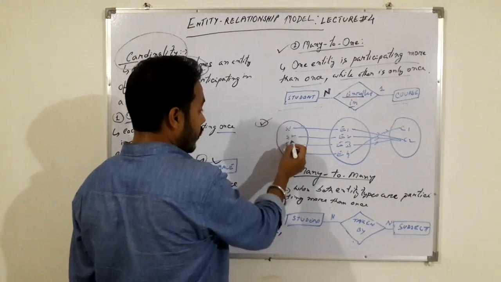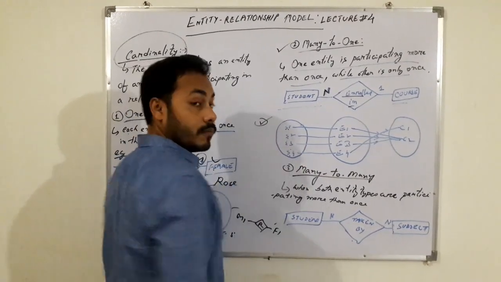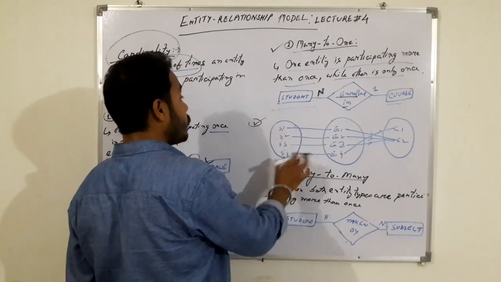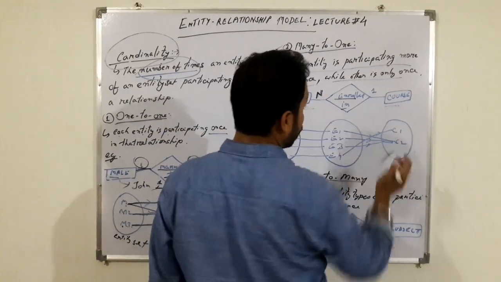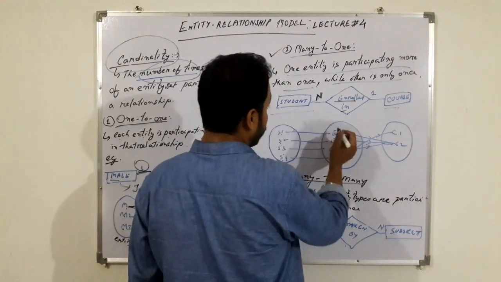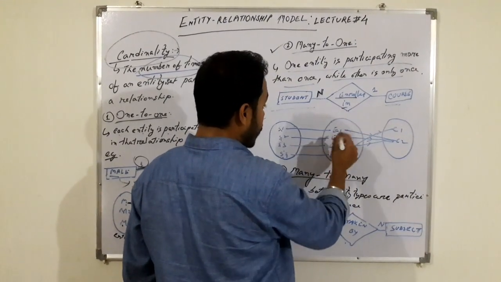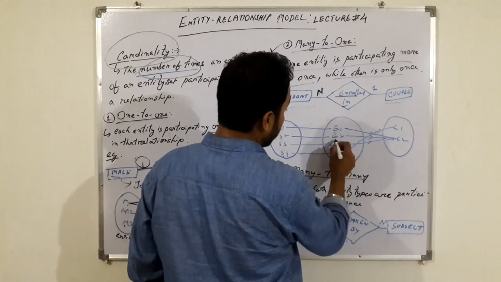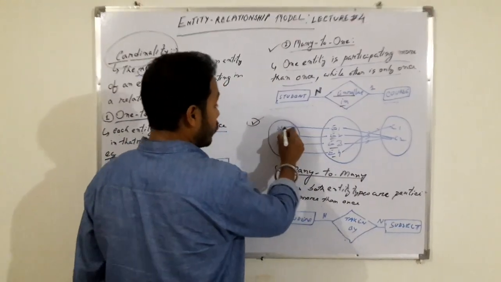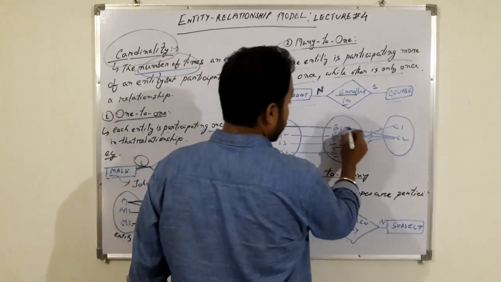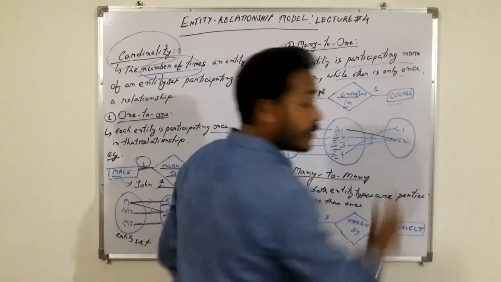So S1, S2, S3, S4 are 4 students of the student entity set. Then C1 and C2 are 2 different courses. For the enroll in relation, we are considering E1, E2, E3, E4. Student S1 is enrolled in course C2.